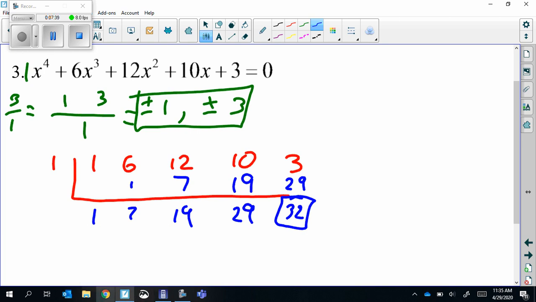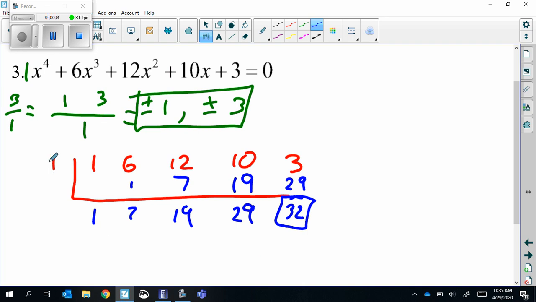And maybe you kind of realize something here. Since we're only adding and multiplying, we're not going to get a 0 unless there's a negative in the mix. There has to be a negative number somewhere. And none of our coefficients were negative. So positive 1 can't work because there's no way to get a 0 there because we can't subtract anything. We're only adding.